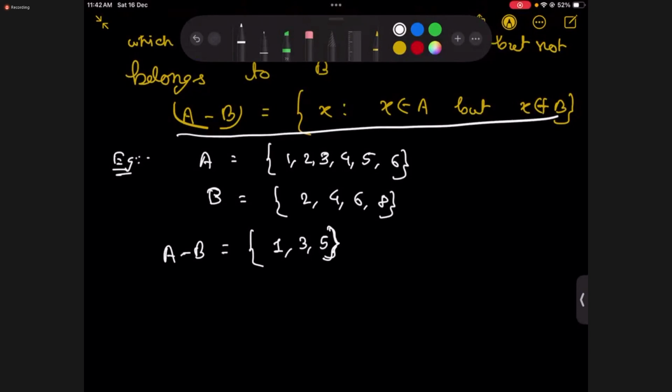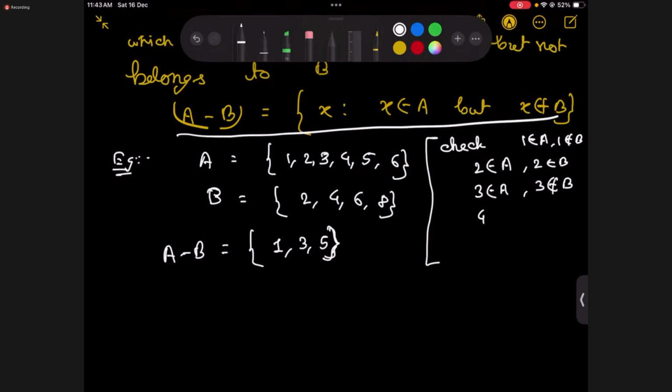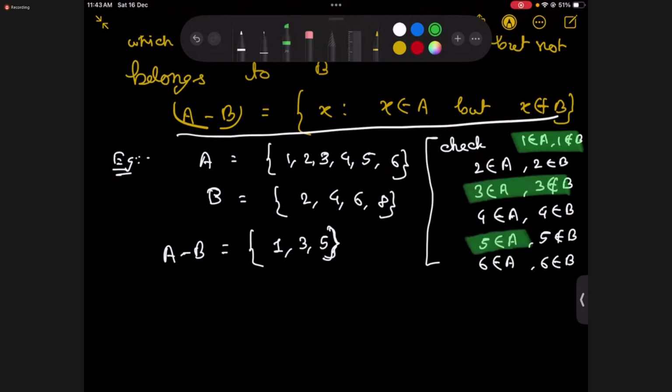Let us check that. 1 belongs to A, but 1 does not belong to B. 2 belongs to A, 2 belongs to B. 3 belongs to A, 3 does not belong to B. 4 belongs to A, 4 belongs to B. 5 belongs to A, 5 does not belong to B. 6 belongs to A, 6 belongs to B. So we will only include these elements and we will exclude those elements.